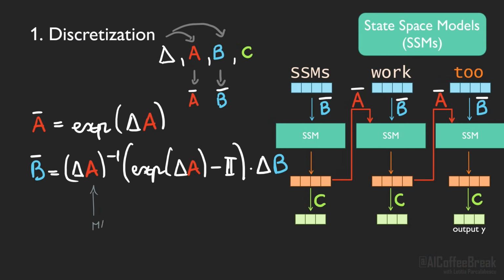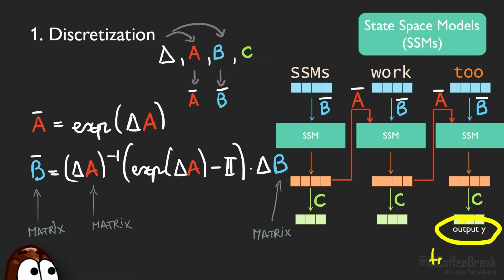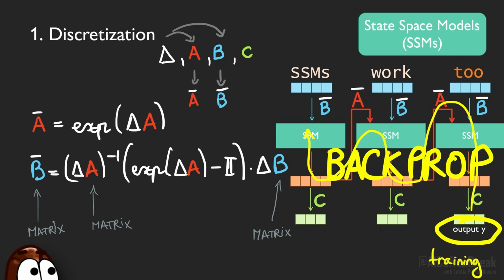We will explain in a second why discretization is needed, but first let's gather the bigger picture about SSMs, and then we can understand this discretization step. For now, just assume that we need this discretization step in which delta modifies the entries of matrices A and B. Delta itself is a parameter which we could learn from data when training the SSM.